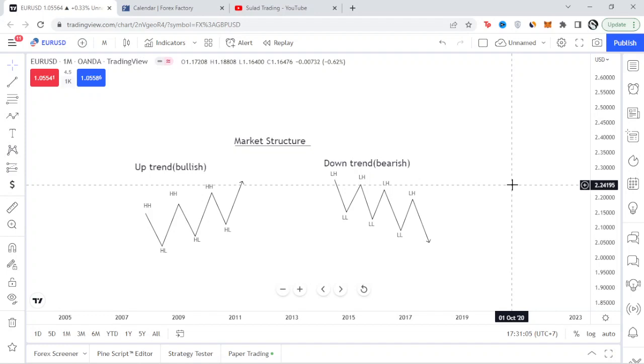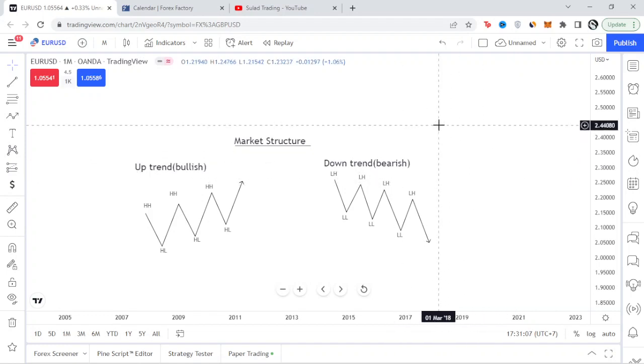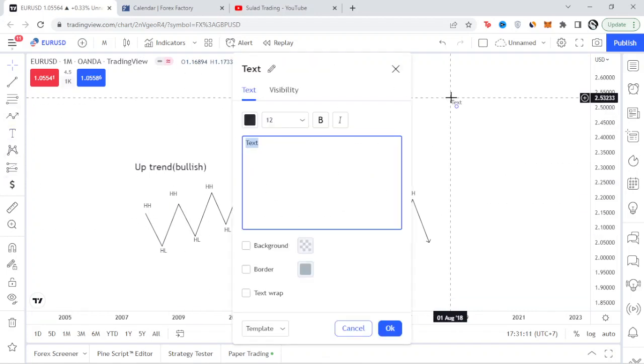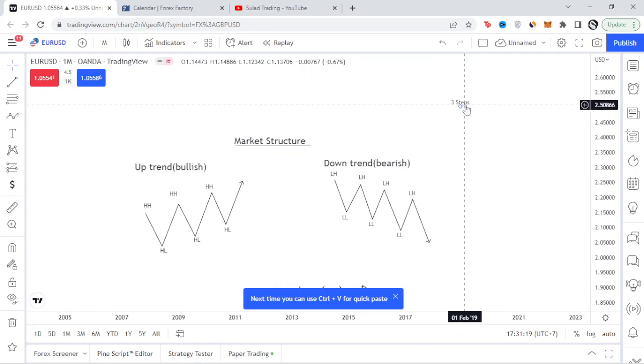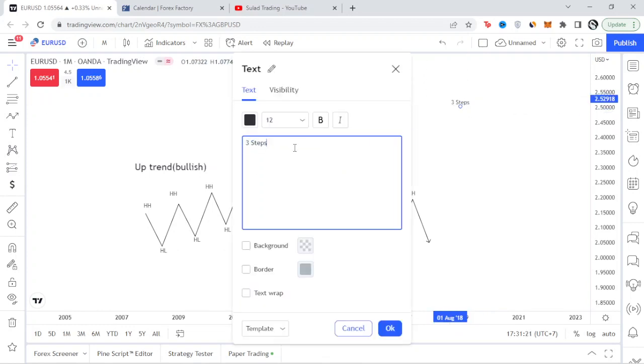So now we're looking at market structure for starters, because I told us way earlier that we do need 3 steps. You can check the last videos to know more about the 3 steps, but we did agree that we need 3 steps. One, we need our structure.